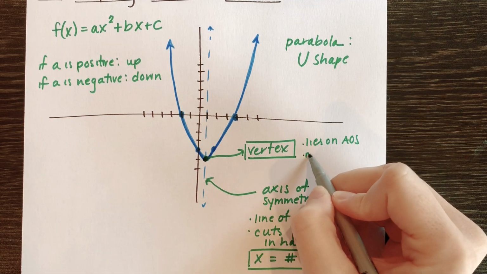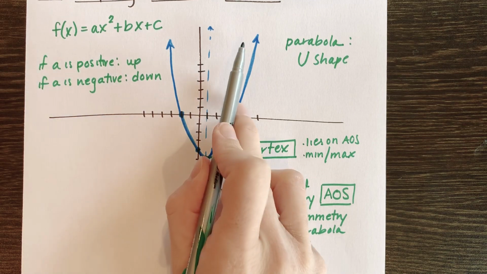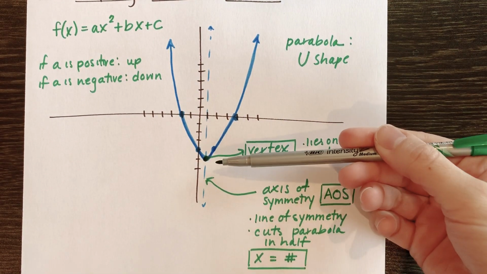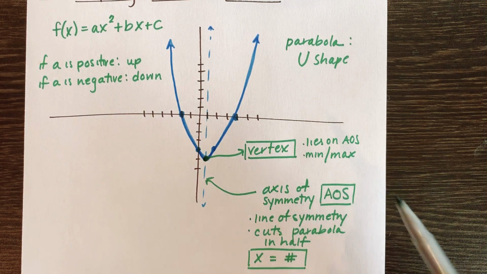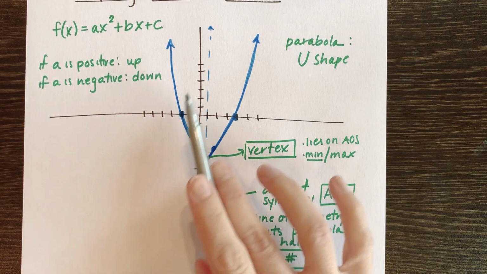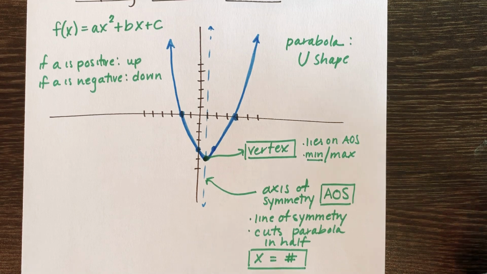It's always a min or a max. In this particular example, you can see it is the lowest point on the parabola. There are no points on the parabola below that vertex. So in this case, it would be a minimum. If my parabola opens down, then my vertex is going to be a max. And again, we'll see that in some of our examples as we move through.